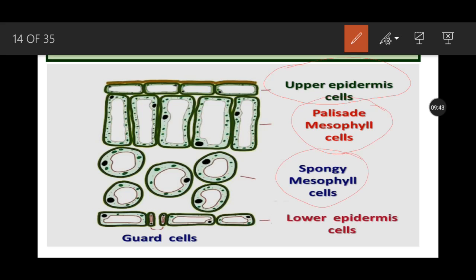The palisade mesophyll cells are closely packed, and they have a lot of chloroplasts compared to the spongy mesophyll cells, which are loosely packed and have air spaces between them, and have fewer chloroplasts than the palisade mesophyll cells. Then there are lower epidermal cells and then the guard cells. These two are the guard cells which surround the stomata of the cell.